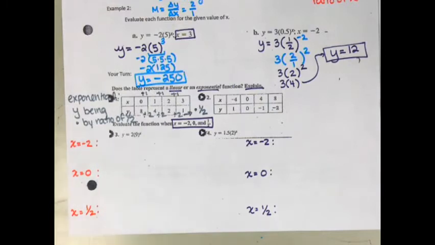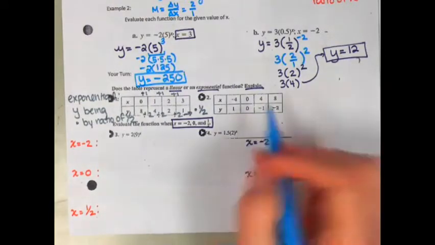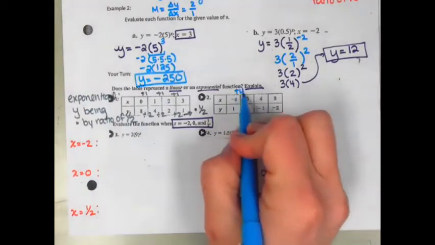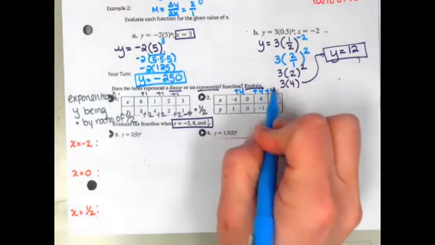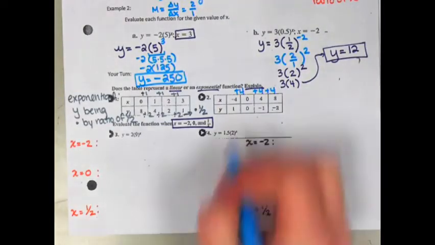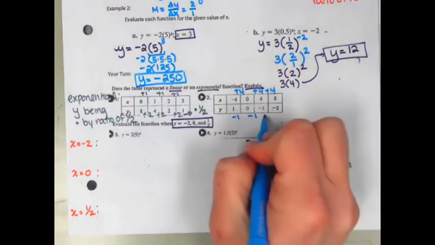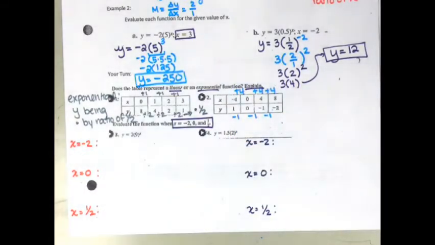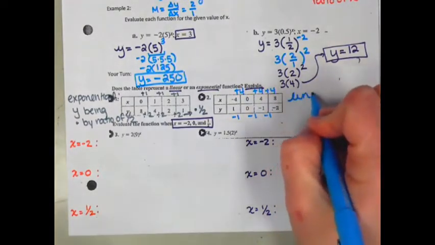All right, B. X is increasing by what? 4. It's increasing by 4 each time. It's the same. It's constant. What about my y? It's subtracting by 1. So is this linear or exponential? This one is linear. Why?